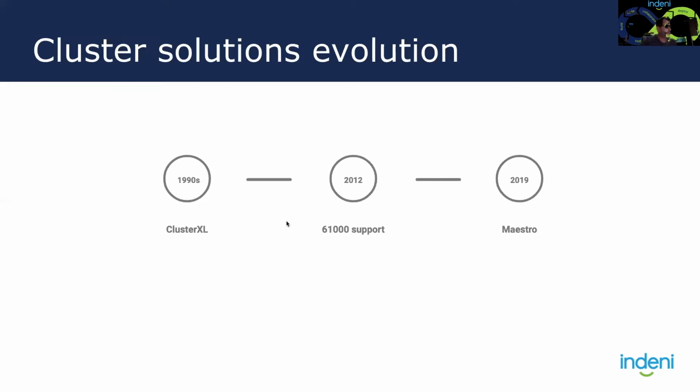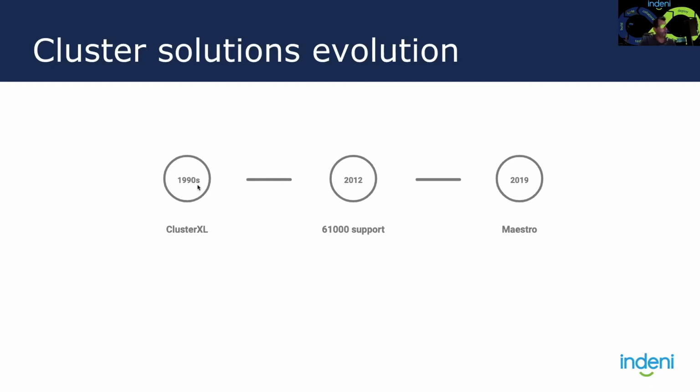So generally speaking, there are three major phases for the cluster solution evolution for Checkpoint. Checkpoint was founded in 1993, and originally it was a single gateway solution. Then later on, toward the late 90s, the Cluster Excel solution was introduced. The major variations in use in the field are mainly HA or VSLS for VSX, which were introduced gradually.